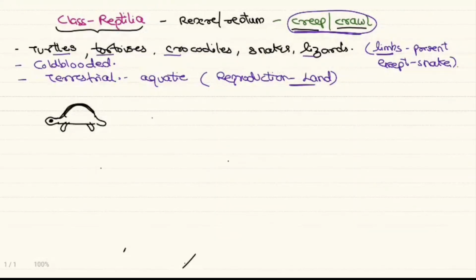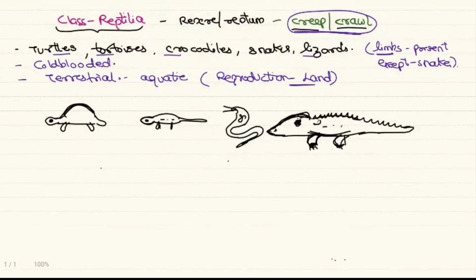So let's see the body of these animals. These are the turtles, a lizard, a snake, and the crocodile. When you see the body of these animals, you can see most of them have limbs, whereas in the case of snakes, the limbs are absent.